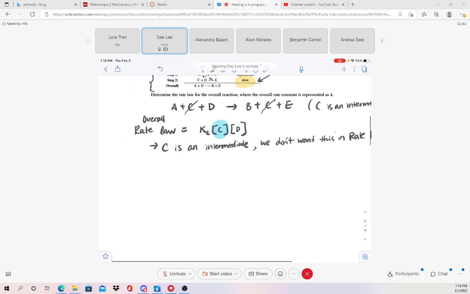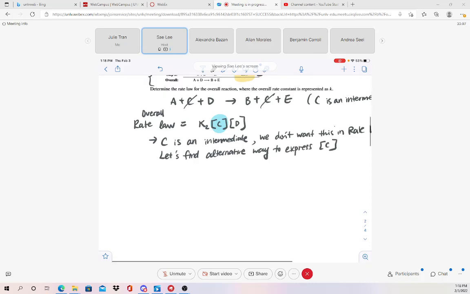So we're going to find an alternative way to express concentration C. Let's find an alternative way to express concentration C.